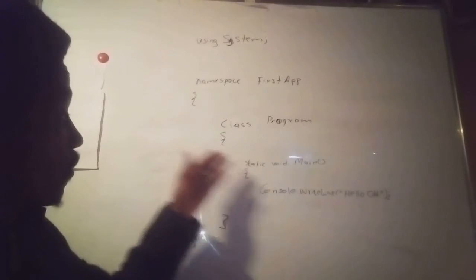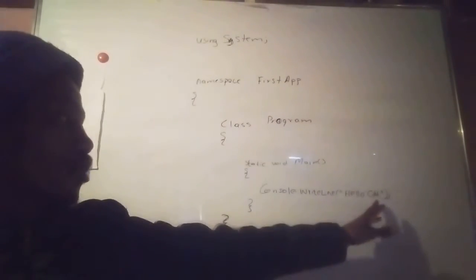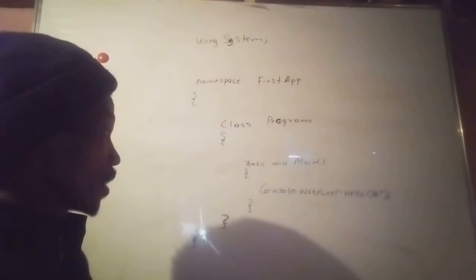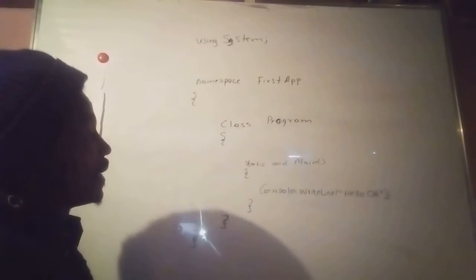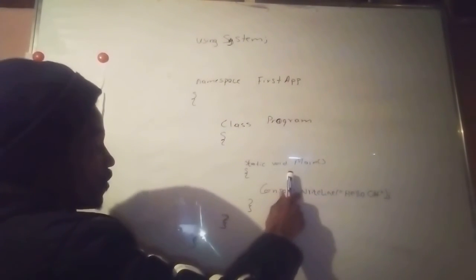So this type defines this special type of method called main, and within that main, all we do is to print hello C# on the console, which is the black window that you're going to see when you run this application. Does that make sense? So here, this main method, let's look at the way this method is defined.